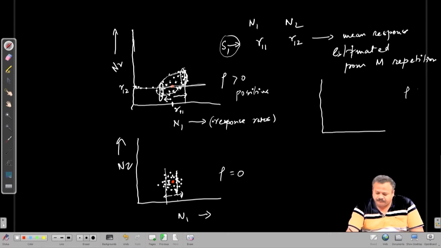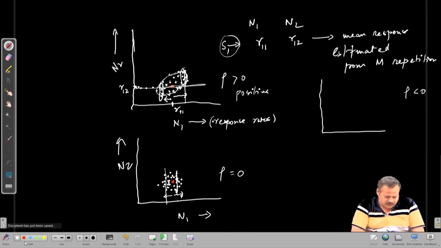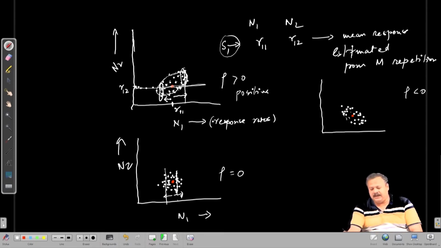If the mean response again is here, R11 and R12, then the scatter around that red dot is elliptical but sloping downwards towards the right. So this is our N1 response and this is our N2 response.